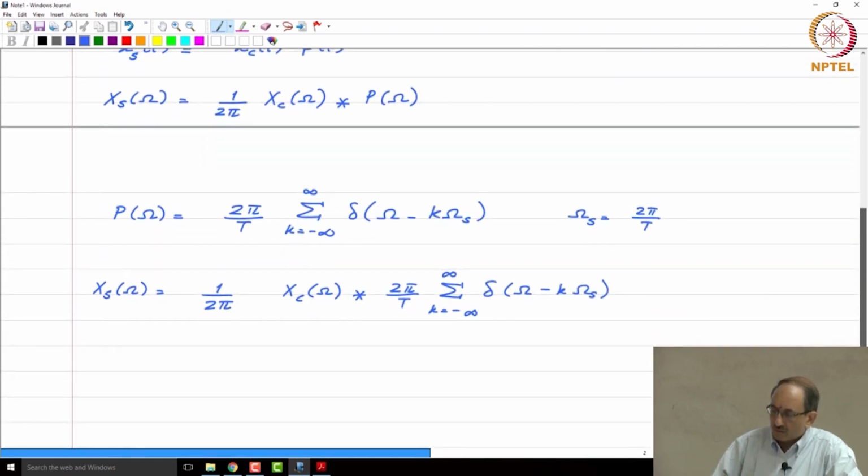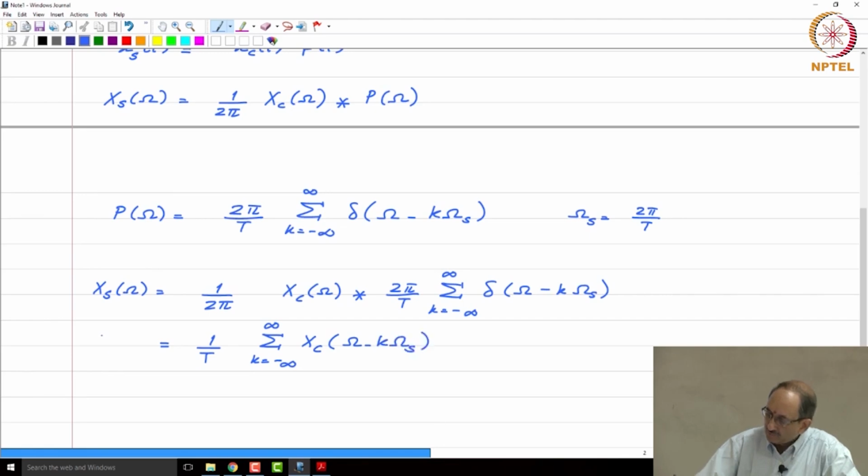All I have done is I have just replaced the corresponding expressions for xc of omega and p of omega. So, the 2 pi cancels. So, this becomes 1 over t, and then when you convolve something with an impulse train, it periodically replicates whatever you are convolving with. Therefore, this becomes k going from minus infinity to plus infinity xc of omega minus k omega s.